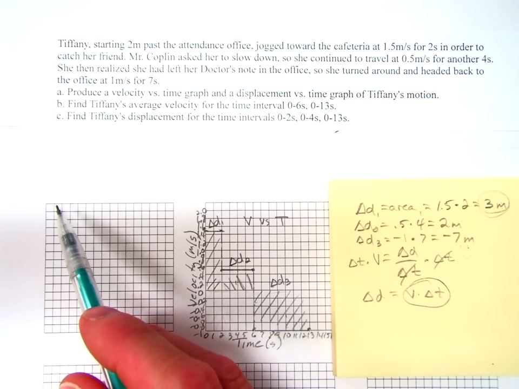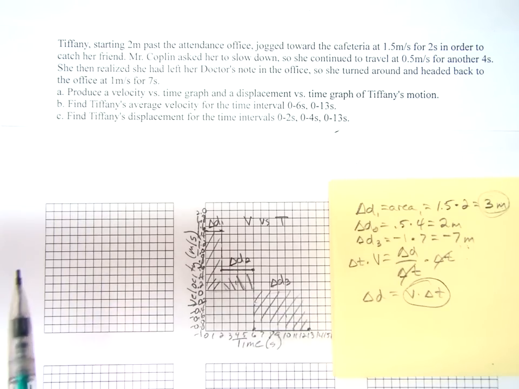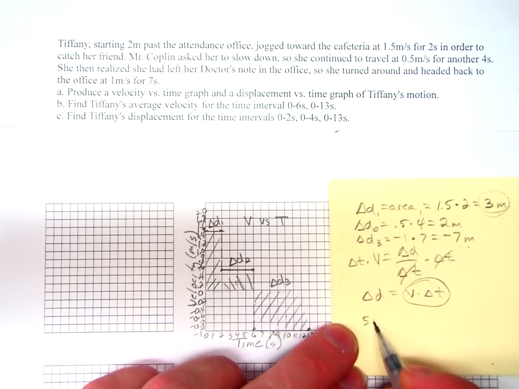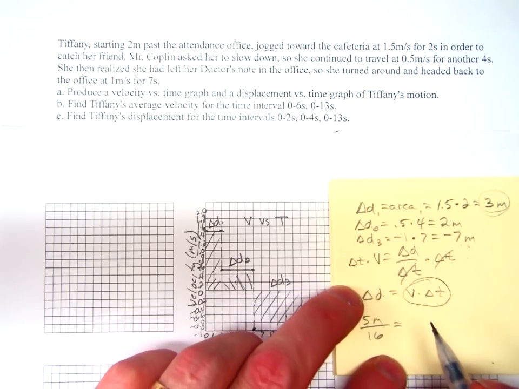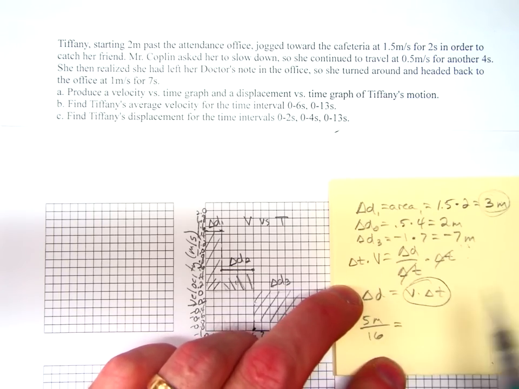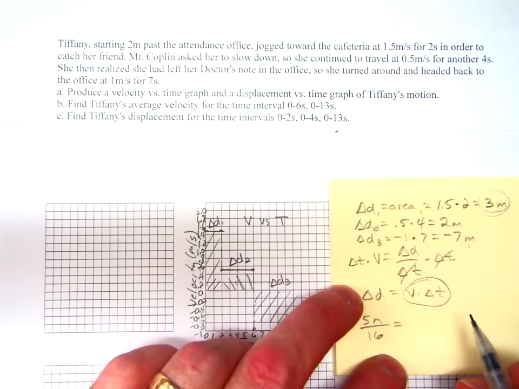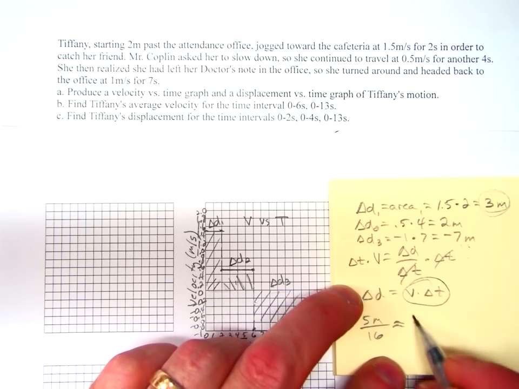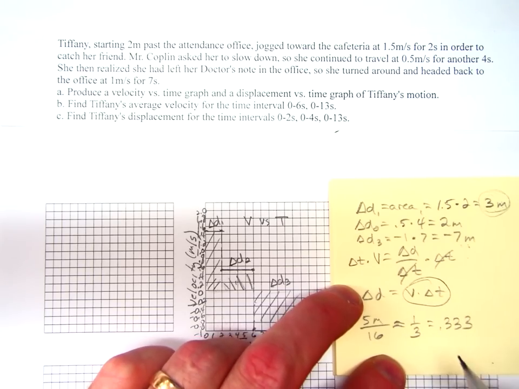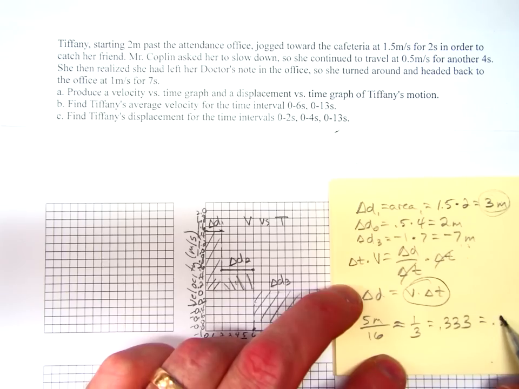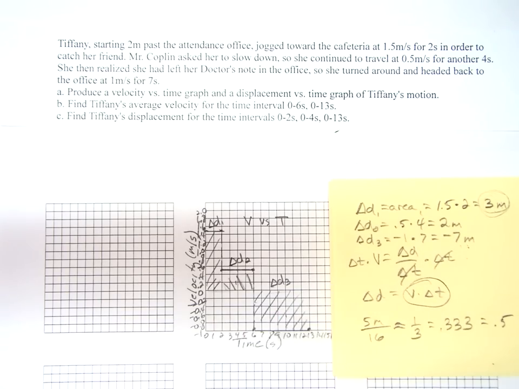If we divide 5 by 16, what do you get? Around 0.3 something, right? It's about 1/3, and that is about 0.333, right? That means we have to round up to 0.5, because we're always going to round up to the nearest 1, 2, or 5.